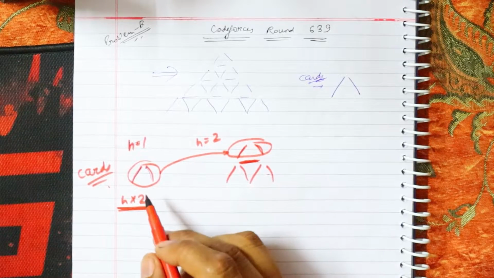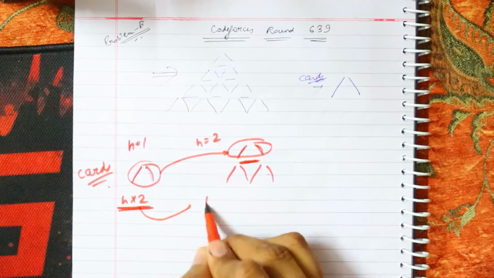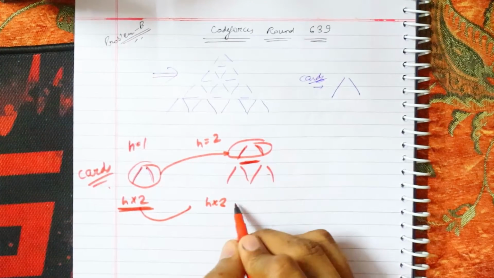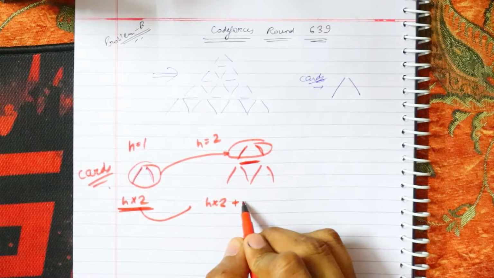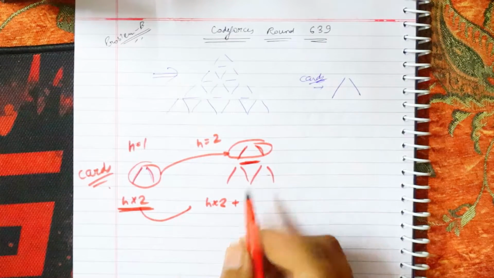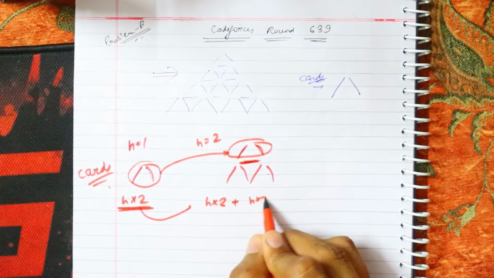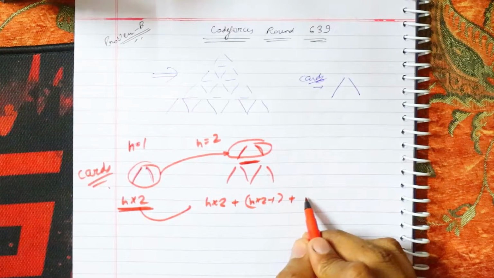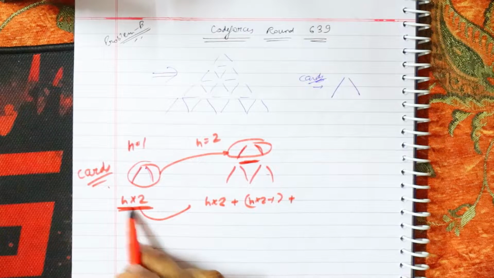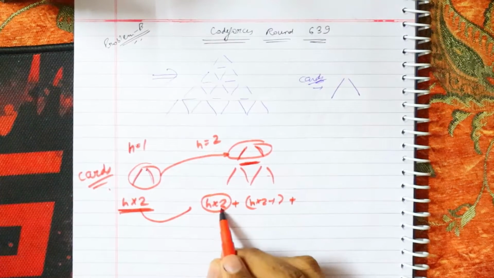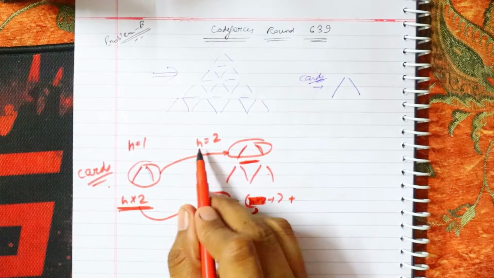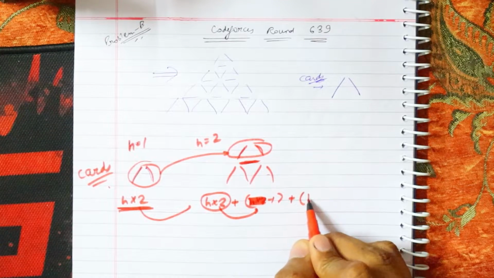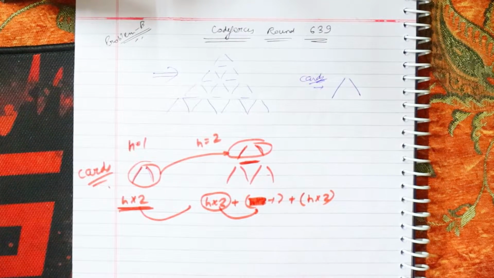So as I had h into 2, 1 is added here. That 1 is h into 2 minus 1, added here, plus the h into 2 from the last value, because the h has changed now, plus the new h into 2. Understanding?